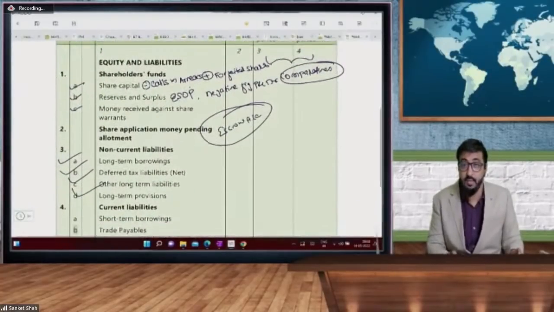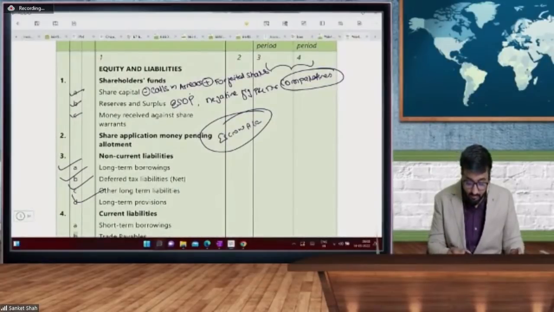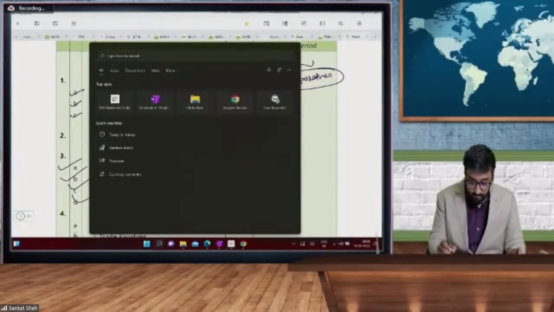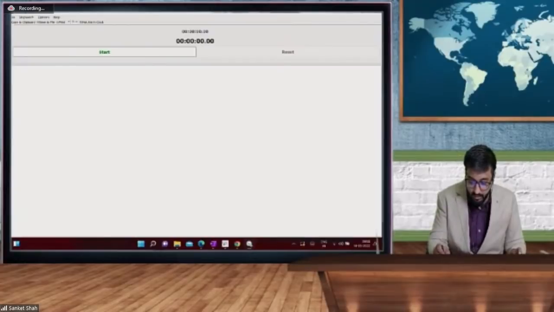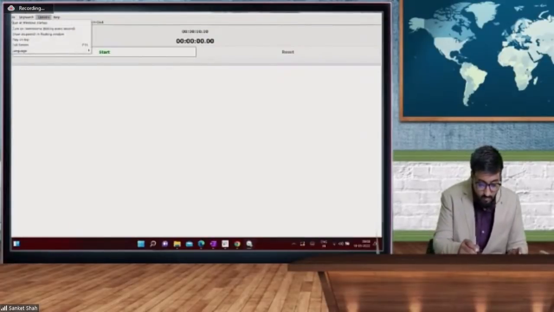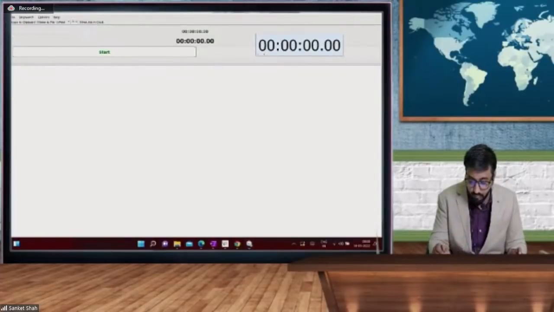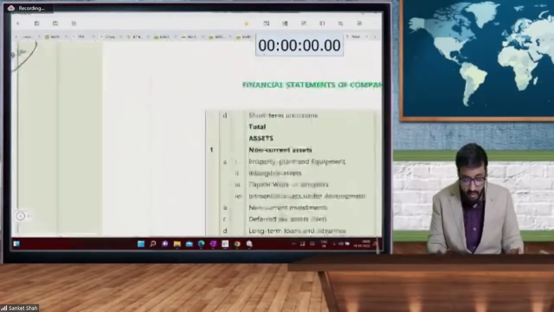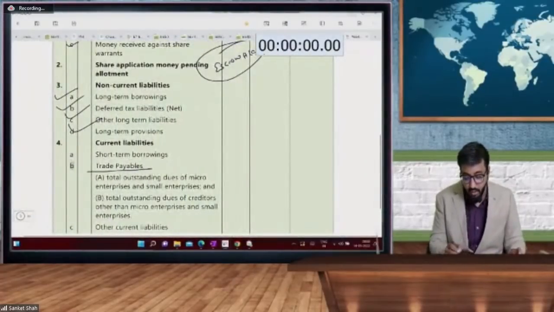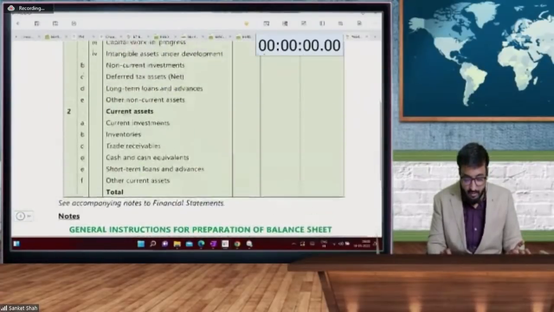I'm just closing my eyes and showing you the pro forma. Let's check how much time I take and how much time you take. Trade payable is not divided into two parts. So trade payable, just that, other current liabilities, and then this is the assets part.